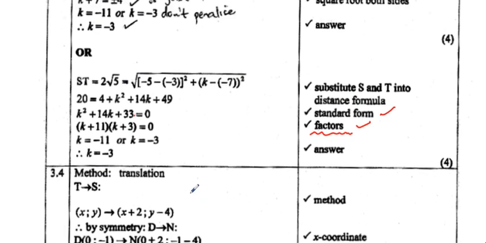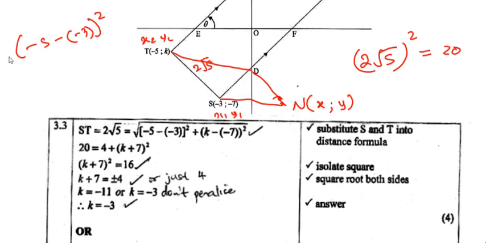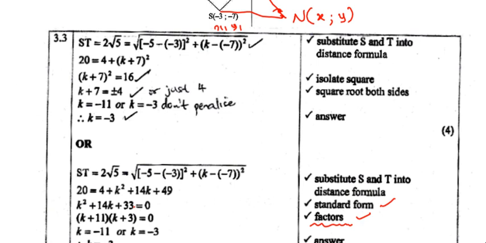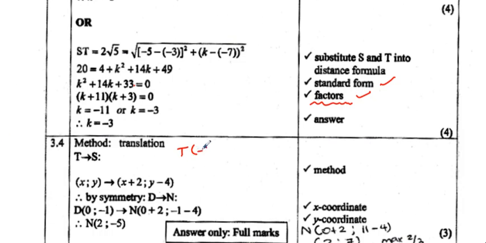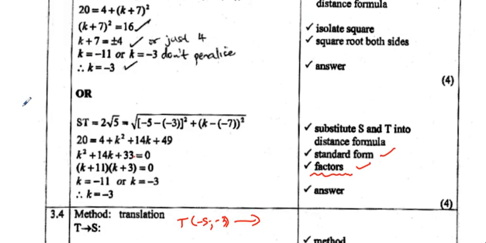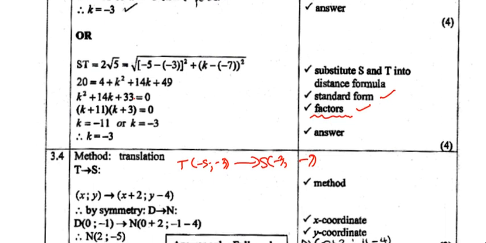If you look at the coordinate T, which is a given coordinate, which we calculated now to be minus 5 and minus 3, that transforms to S, which is minus 3 and minus 7. Now you want to take the coordinate of D and apply a formula.